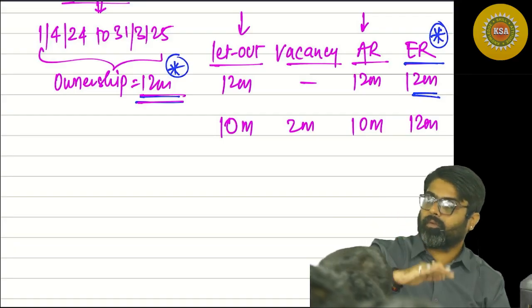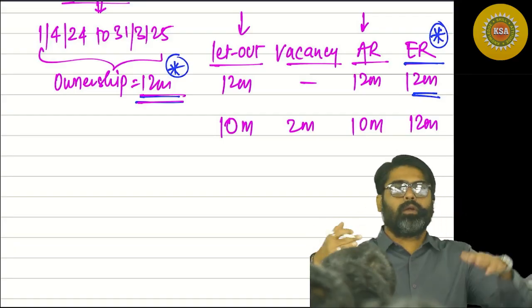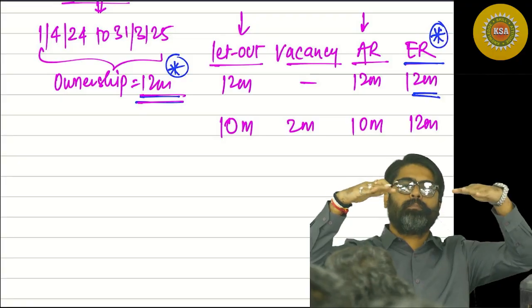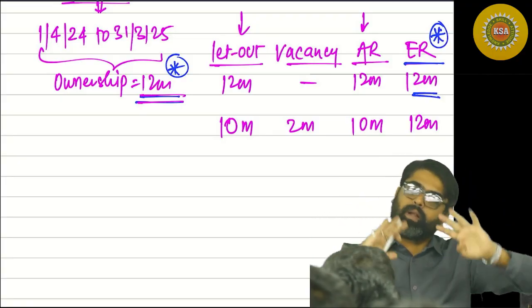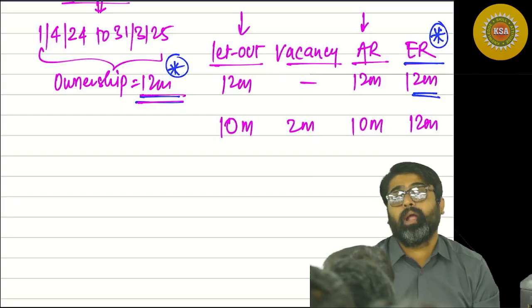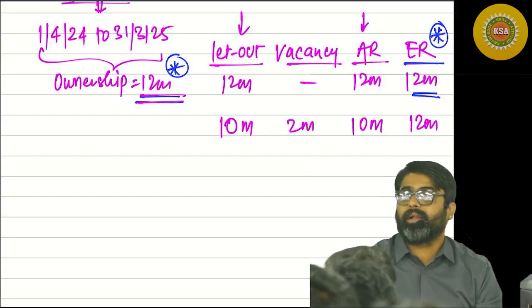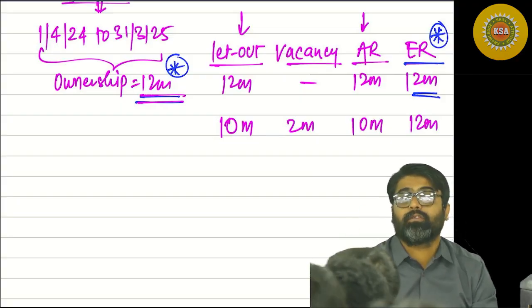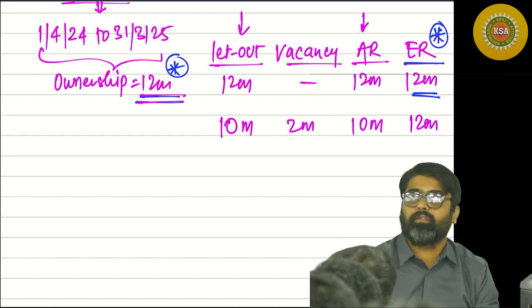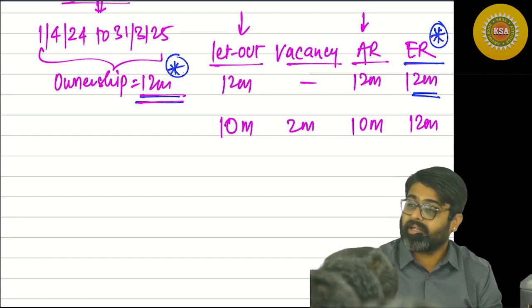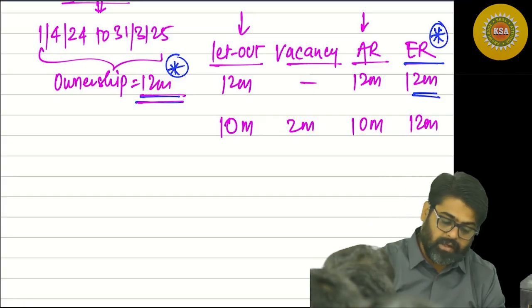Actual rent is for 12 months, expected rent is also for 12 months, meaning both amounts are for the same period. If both amounts are for the same period, you can directly compare, and whichever is higher will be treated as your GAV. Understanding or not?